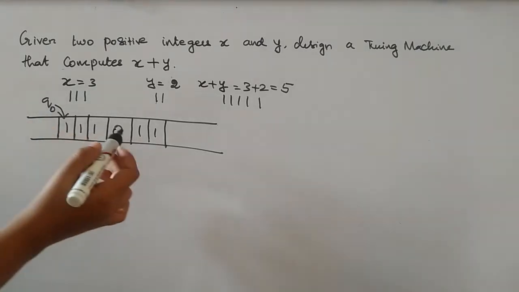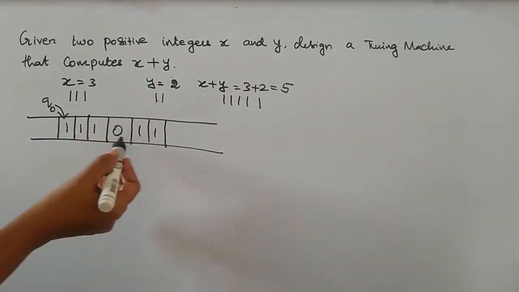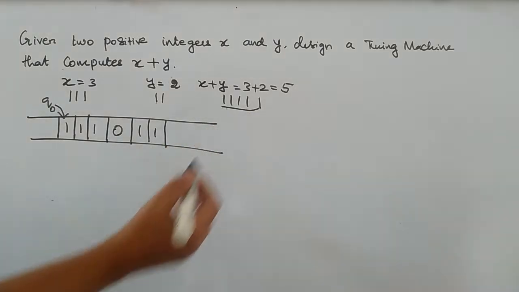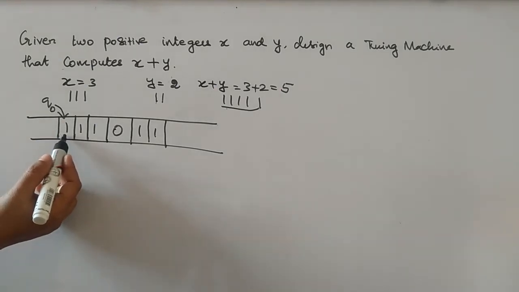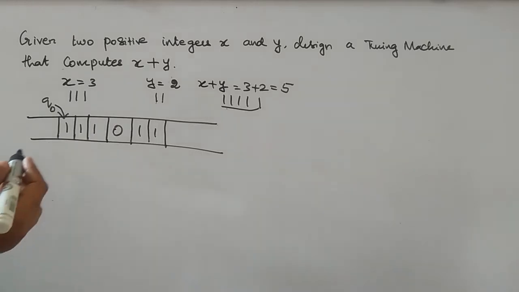Based on these things, we are going to do the transitions. Here the output we should get is 5 ones, so there is no necessity to replace this 1 by any other symbol.